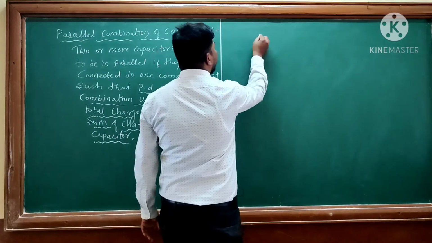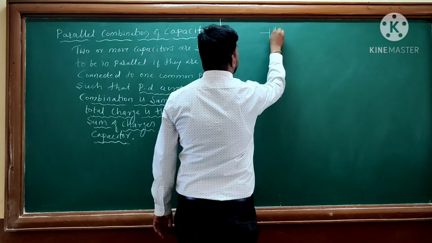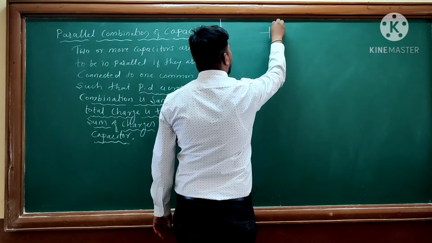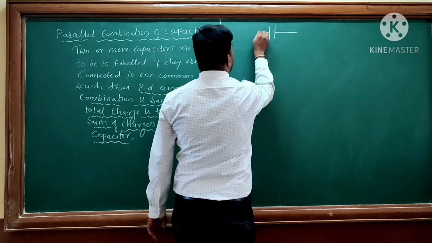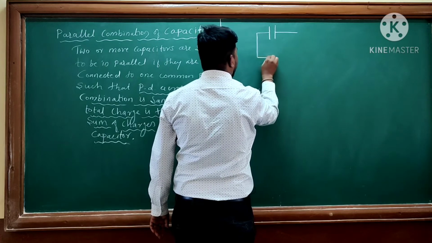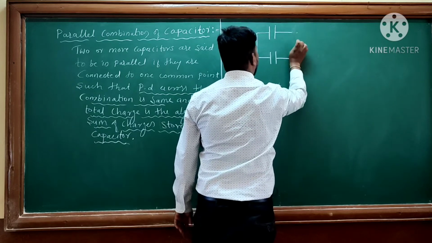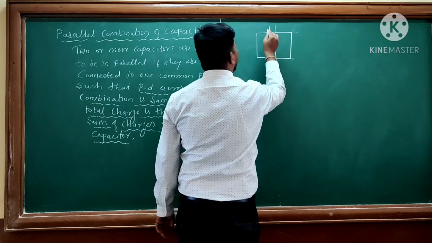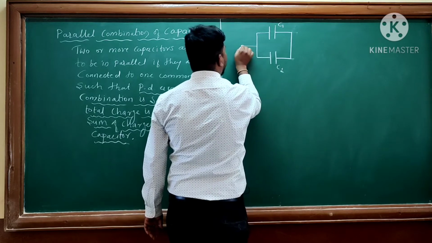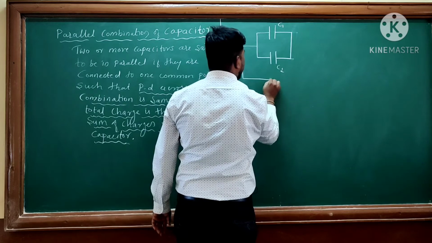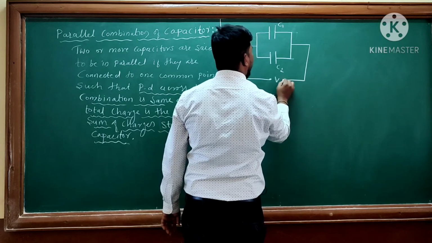So I'll draw here capacitors connected in parallel combination. This is one capacitor, this is one more capacitor, so I will call them C1 and C2. They are connected to the external source V, that is, a potential difference or battery.